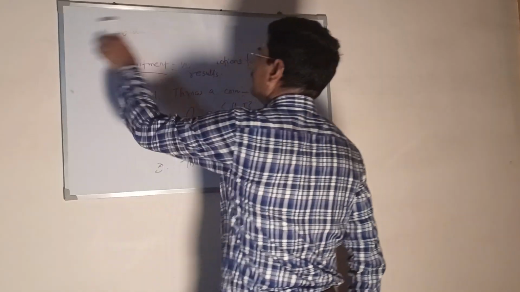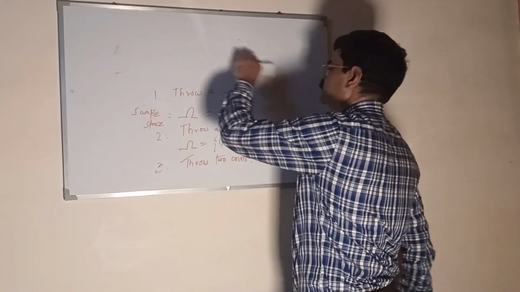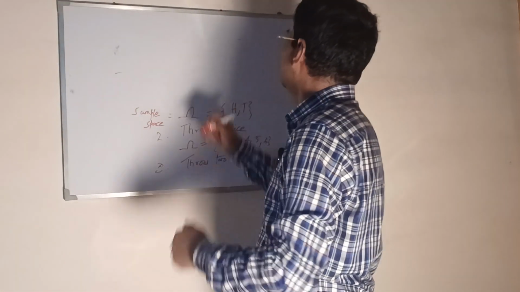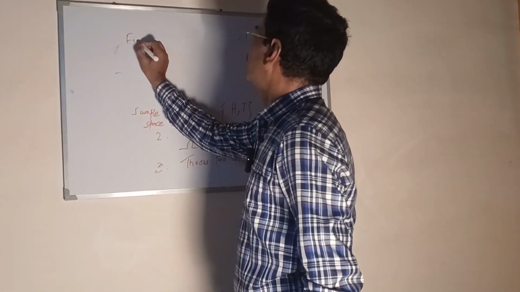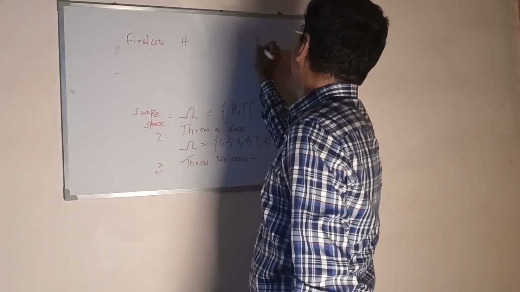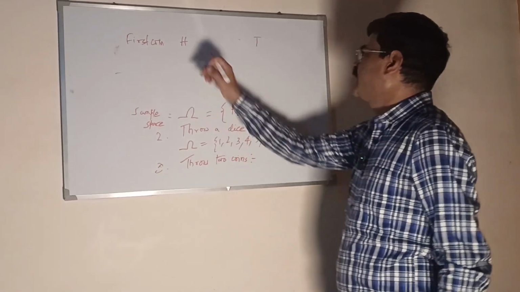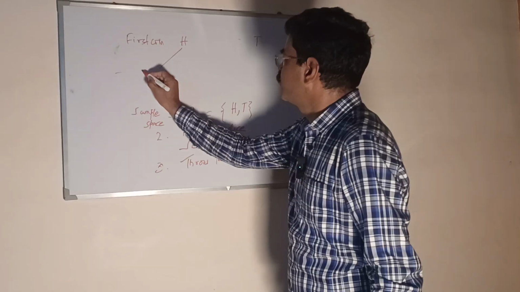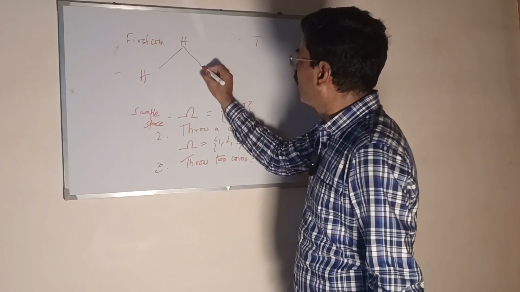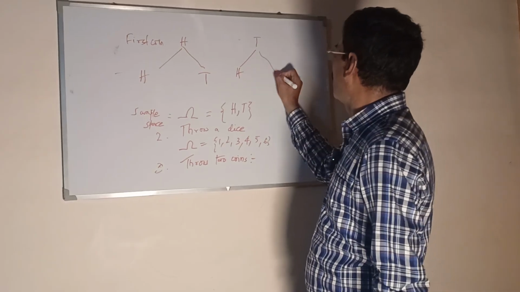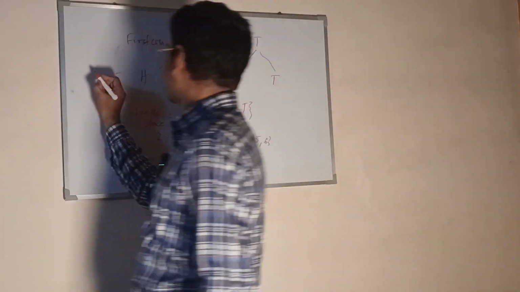If it is 2 coins, then the first coin can be H or it can be tail. For H, the second coin may be H or T. So this is the second coin.